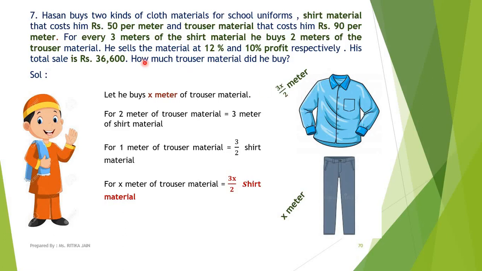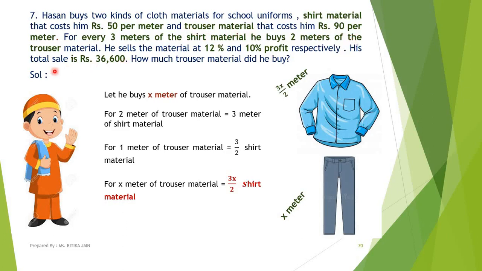Okay. Now, in the next part, he sells the material at 12% and 10% profit respectively. It means he gets a profit of 12% on selling shirt material and 10% profit on selling trouser material.